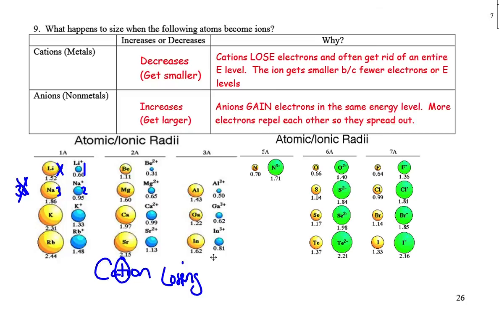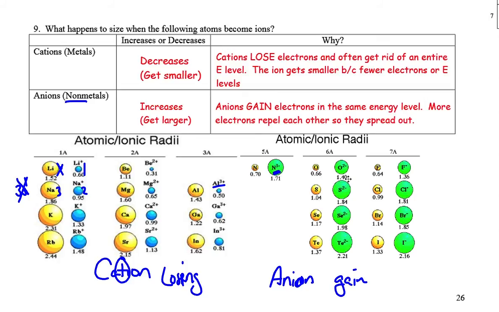These all become smaller. Aluminum loses 3 electrons. It becomes really small. These guys, anions, are all nonmetals. How do they become negatively charged nonmetals? They all gain electrons. So if you go stuffing 3 more electrons, these guys gain 3, it's going to get really big because they repel each other.